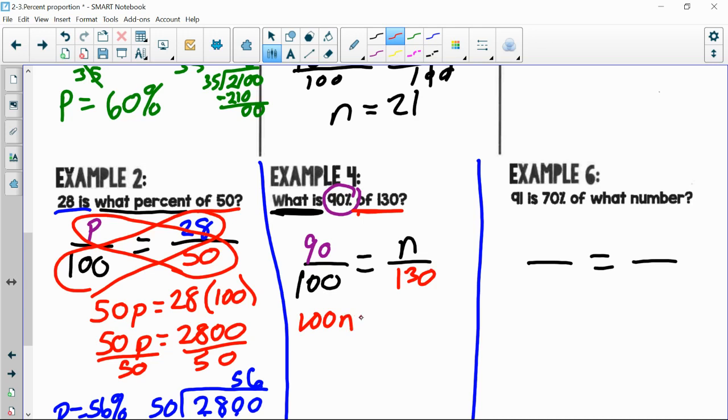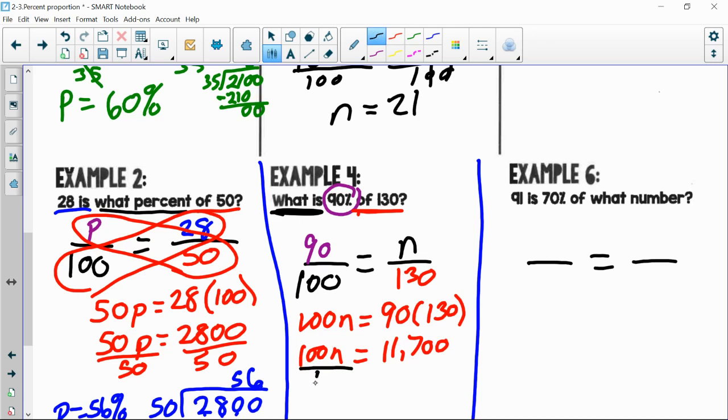100N equals 90 times 130. Okay, it's going to be a big number. Okay, because 9 times 13 is like 117. So 100N equals 11,700.